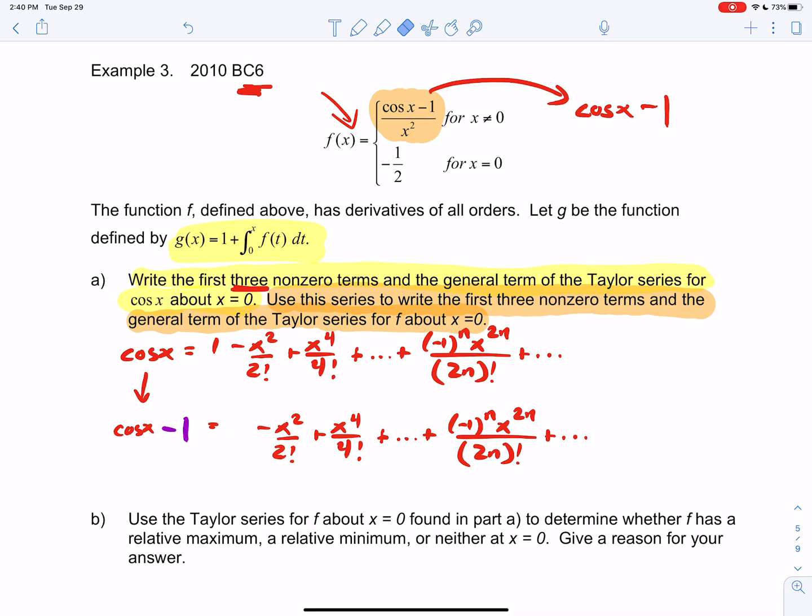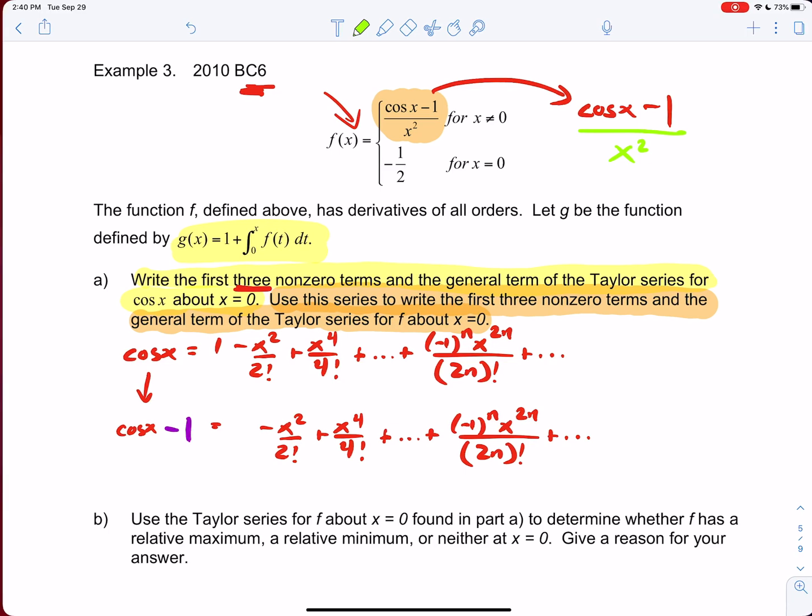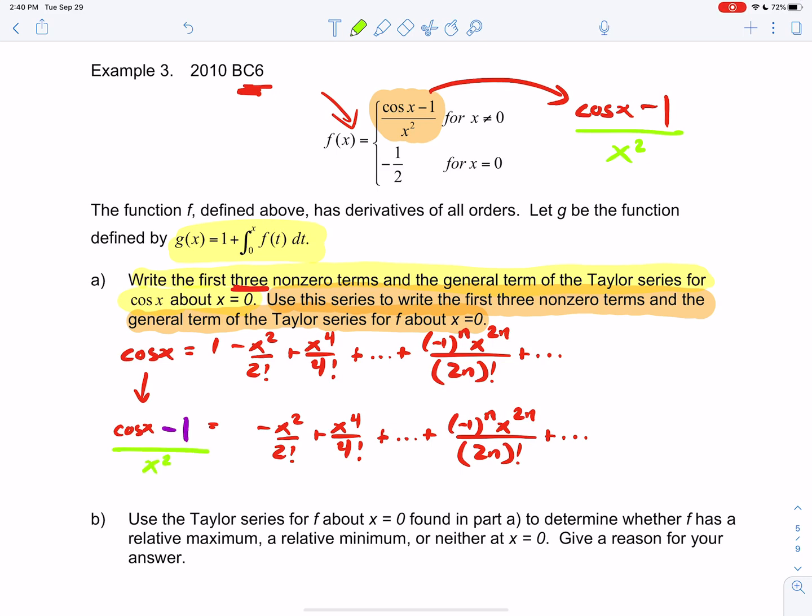Now that I have cosine x minus 1, what do you guys think we do if we want cosine x minus 1 all over x squared? Okay. All you would have to do is divide every term by x squared. Okay. Now, there is a little bit more to it.